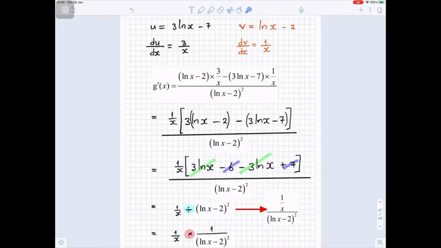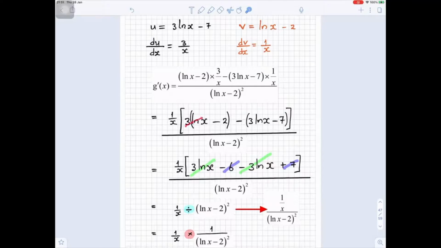Now, we can take 1 over x out of the bracket. So we have 1 over x there. So we'll be left with 3 ln x minus 2, and we'll be left with 3 ln x minus 7.